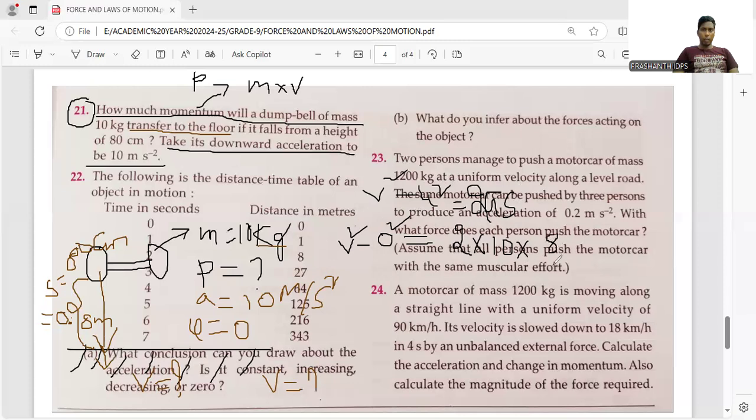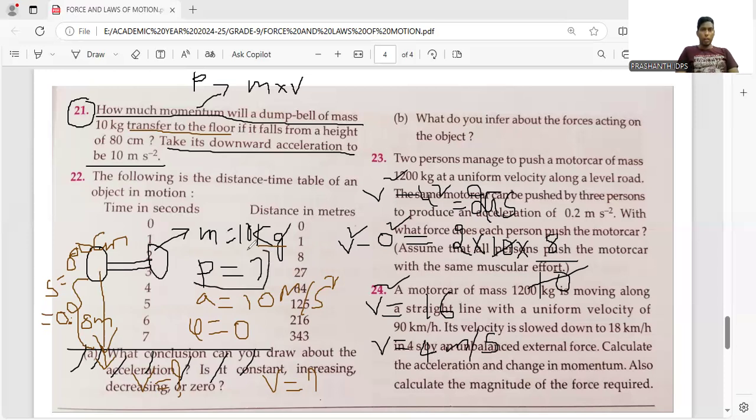I'll write 0.8 as 8 by 10. Here 10 and 10 get cancelled. So v square is equal to 16, so v is root 16, which is 4 meter per second. So the velocity transferred to the floor will be 4 meter per second.